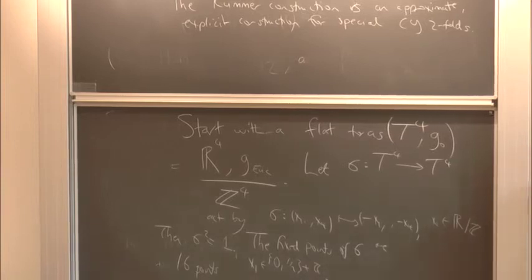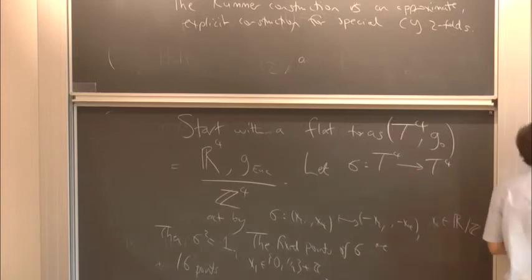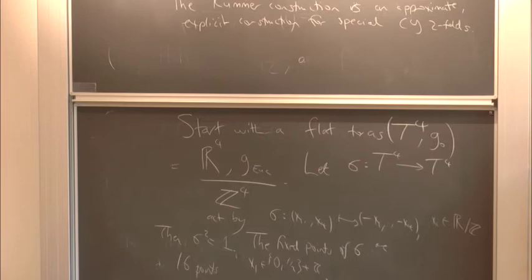Let's consider the quotient of T^4 by the group generated by sigma, T^4 over the group {1, sigma}.